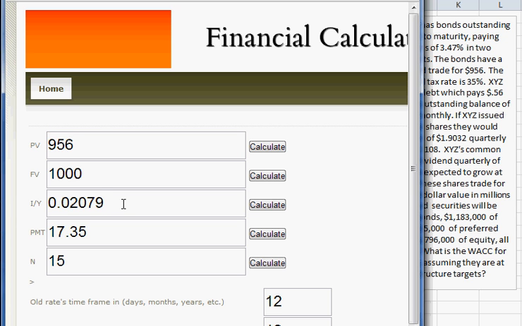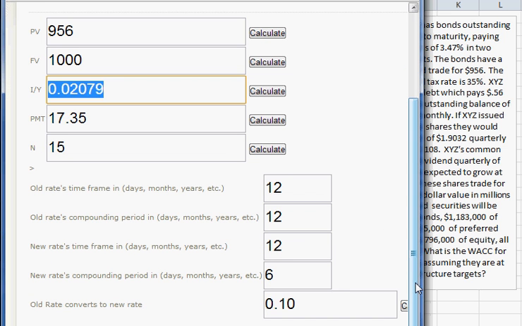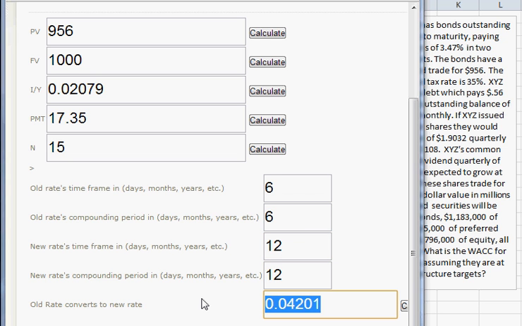So these bonds have a yield to maturity of basically 2%, but because we're receiving semi-annual payments, that's a 6-month rate compounded every 6 months. So we need to convert that to an annual rate. So I'm going to put that down here, go from a 6-month rate to a 12-month rate, and calculate. So 4.2%.